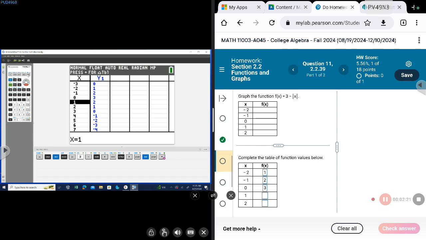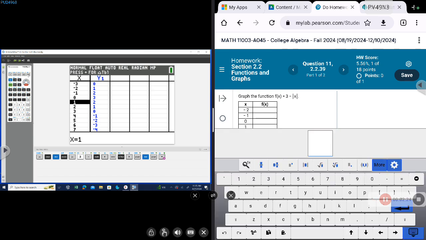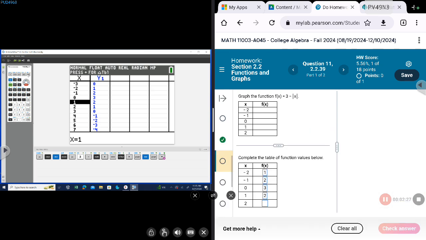One input gives me a +2. And then a 2 input gives me +1.